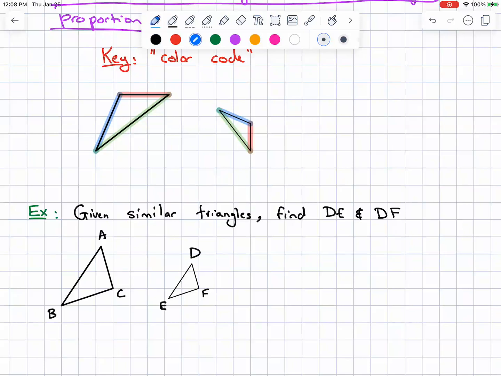So for A, side length AB is 17 feet. Side length AC is 15 feet. And side length BC is 11 feet. So we have all the measurements of triangle ABC. And then for triangle DEF, we only know E to F. We know that is 8 feet.